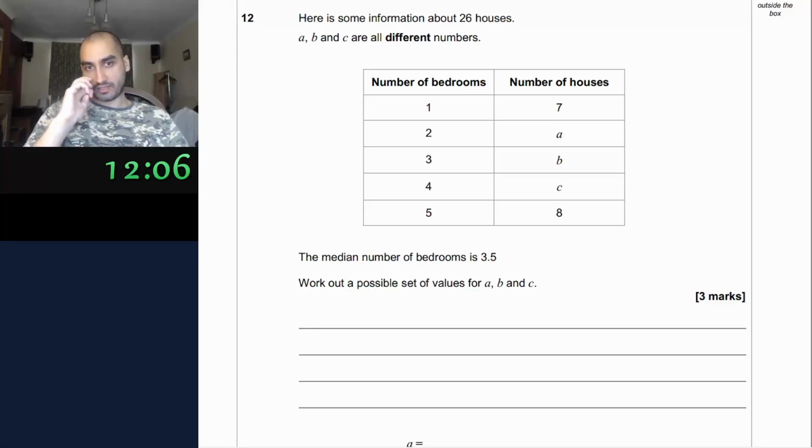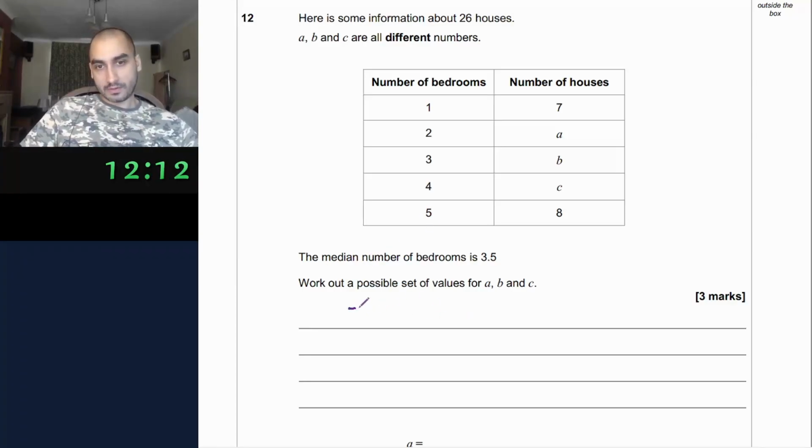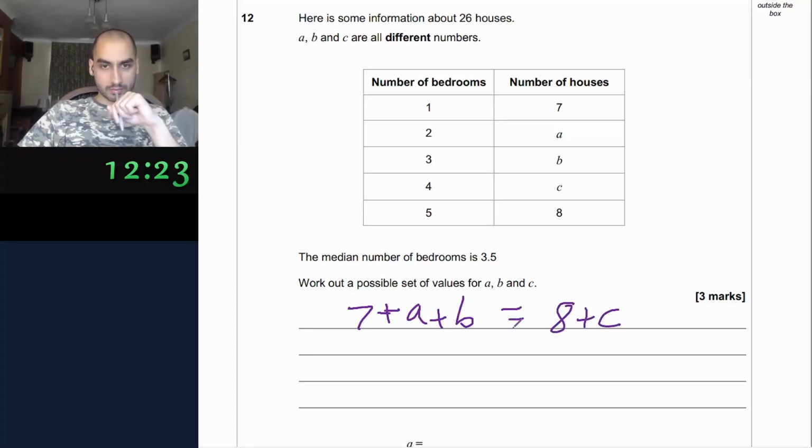You would have taken the number in which the median lies. So that's telling us that 7 plus A plus B equals 8 plus C.